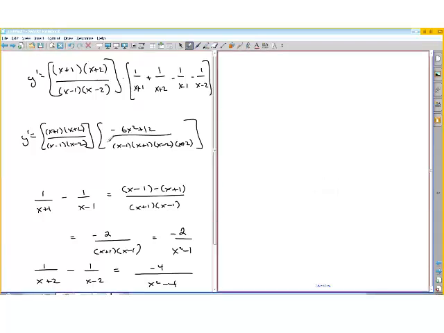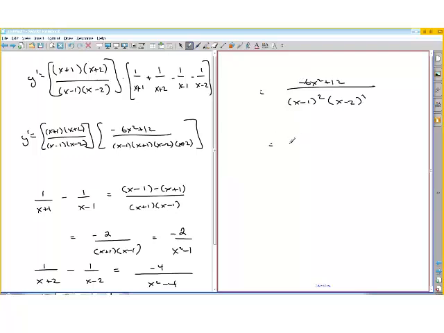So now I'm just going to add a page in here. And you can see the x plus 1's cancel out, the x plus 2's cancel out, and then you get x minus 1 quantity squared in the denominator. So we get x minus 1 quantity squared times x minus 2 quantity squared, all divided by negative 6x squared plus 12.